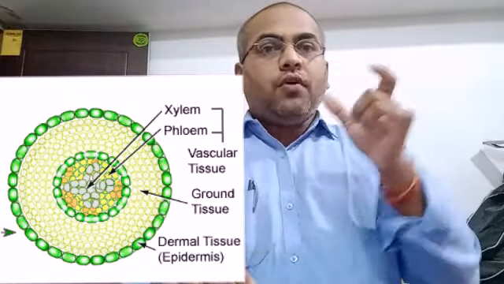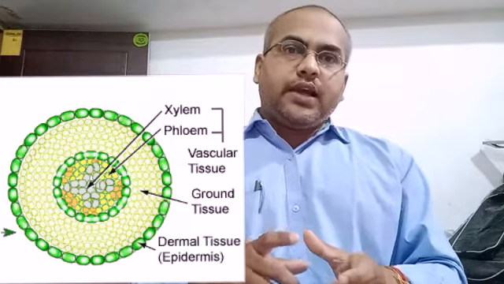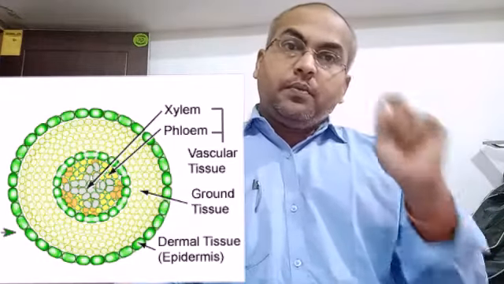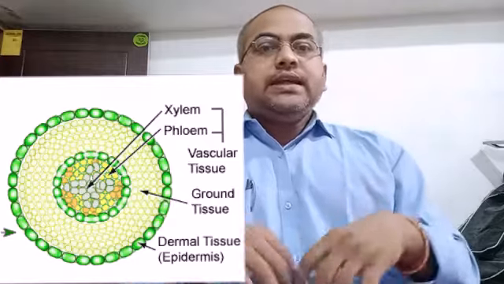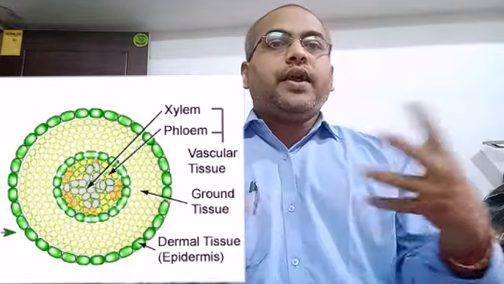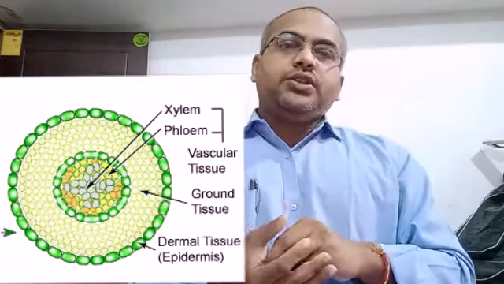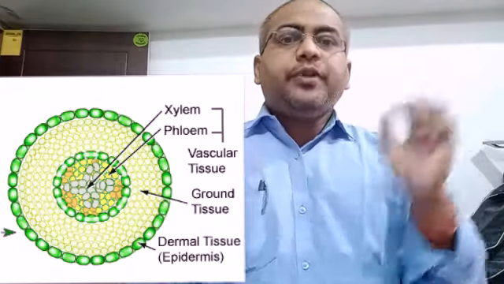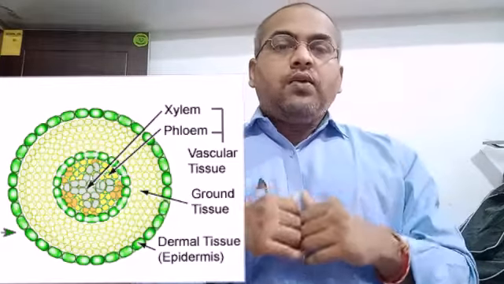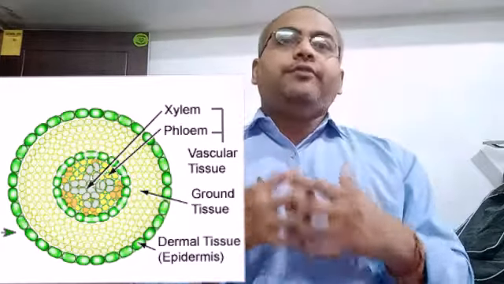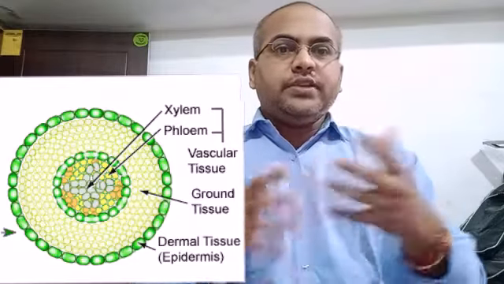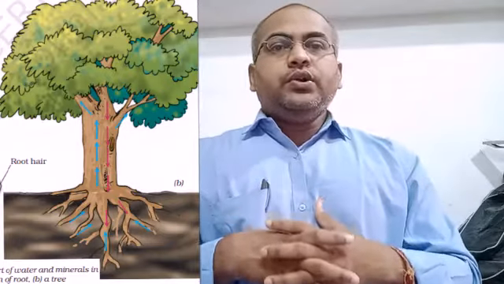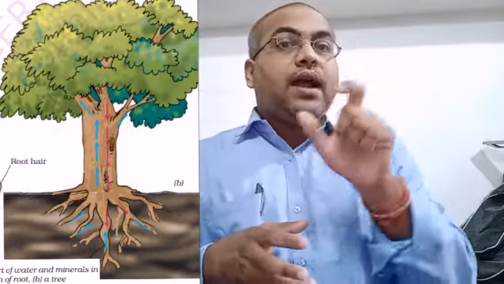This xylem forms a continuous network of channels connected to every part of the plant, and by this they transport water to every part. Now the question arises, okay, water has reached the different parts of the plant. Now how will the food prepared in the leaves be transported to the entire plant? I already told you vascular tissue means xylem and phloem.